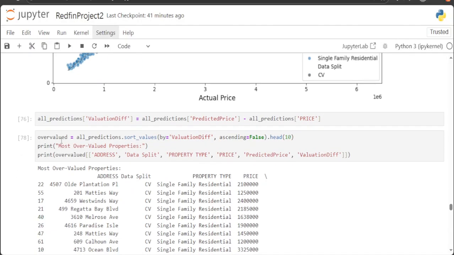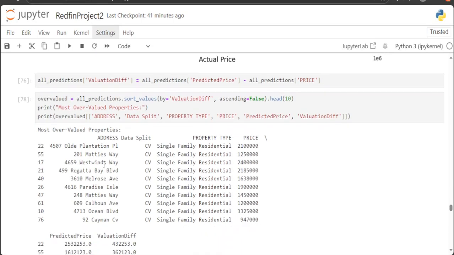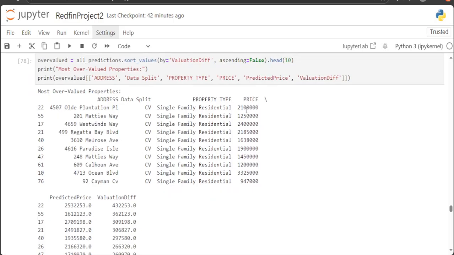And we have here our most overvalued properties, which is 4507 Old Plantation Place, and up here 201 Maddie's Way. So these are high valued properties. The sold price was 2.1 million, our predicted price was 2.53 million, a valuation difference of 432,000. Maddie's Way had a 362,000 difference, with a 1.25 million sold price and our predicted price at 1.61 million.